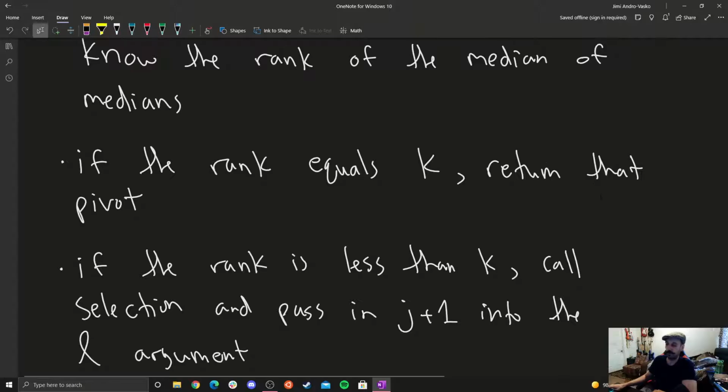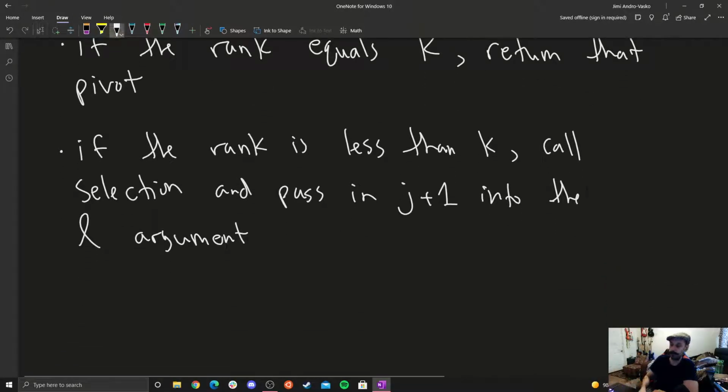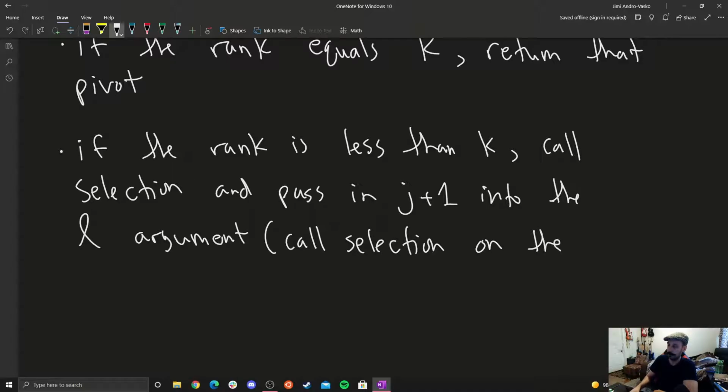Or in other words, we just simply have to call selection on the right side of the list. You call it on one side. Not on both sides, just one side, which we can see right there.